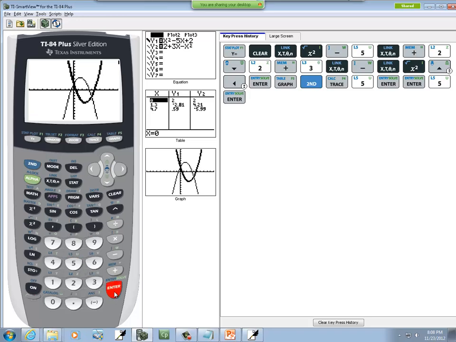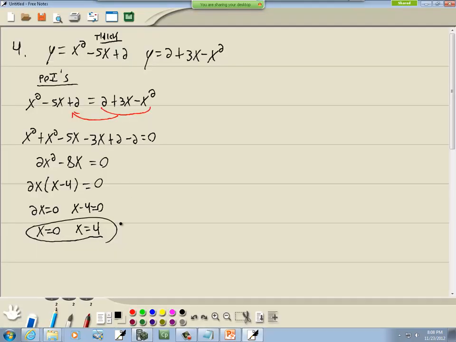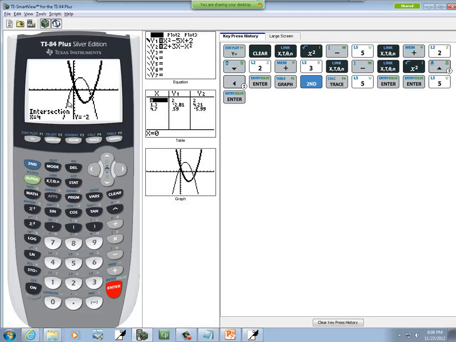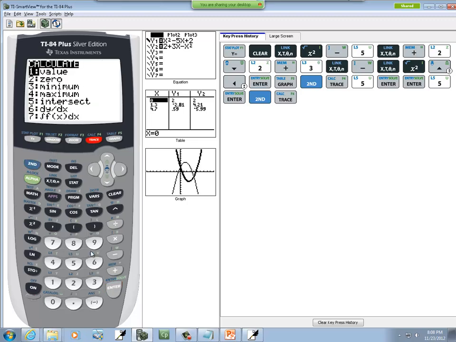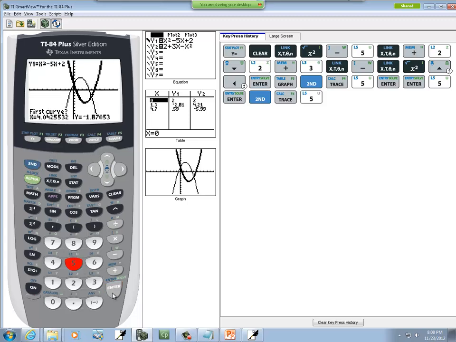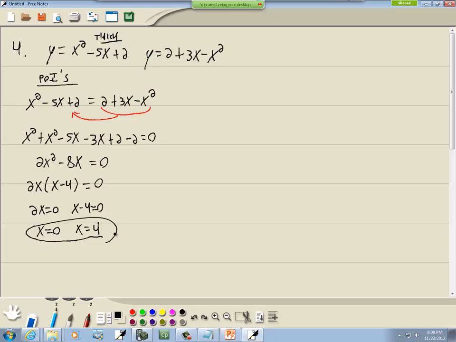And then press enter. And see how it comes back and tells us the intersection is X equals 4? Well, that confirmed this right here. And I could do it again to get this other one. So I could do second trace and choose intersect. Enter on first curve, enter on second curve. Let me put 0 in. And it comes back and tells us X equals 0. So that confirms what we just found algebraically.